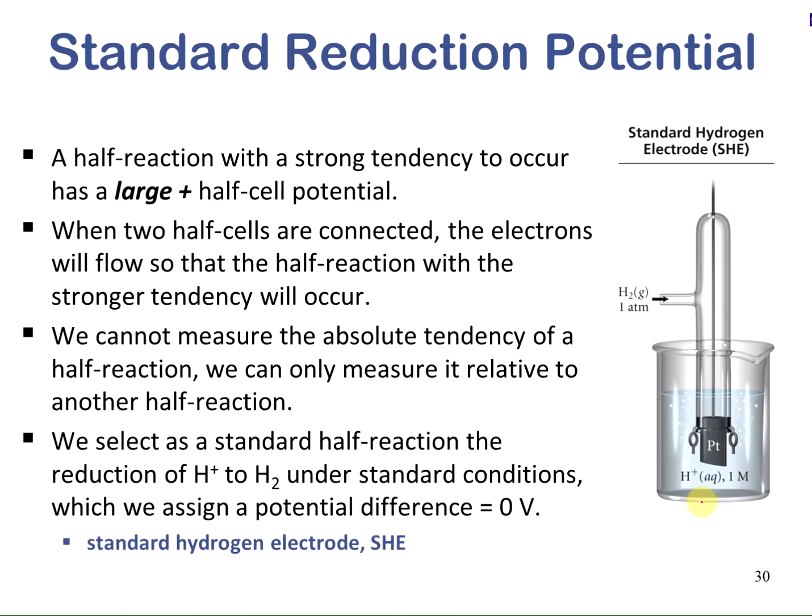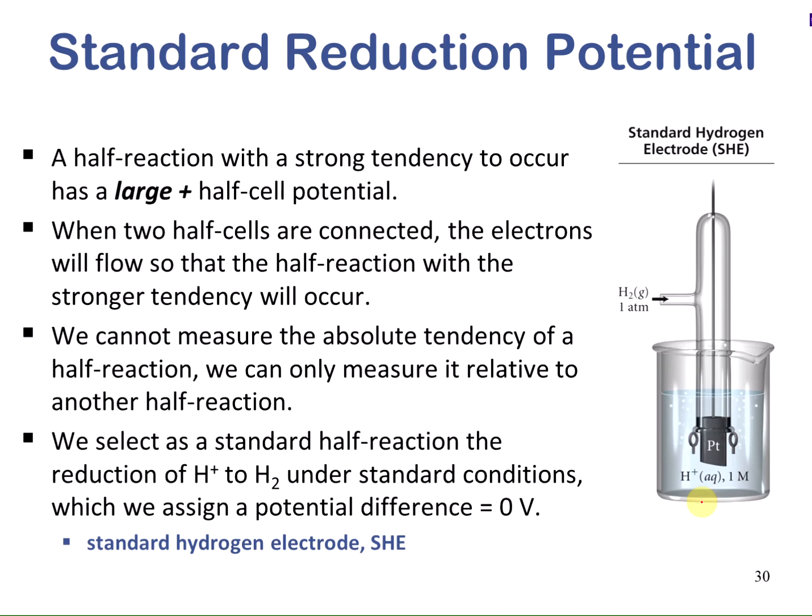Now, as we start looking at the voltages, we have to have some standard to compare those voltages to, and this is where we use the standard reduction potential. A half reaction with a strong tendency to occur has a large positive half cell potential. So the larger and more positive the value is, the more likely it is to occur.